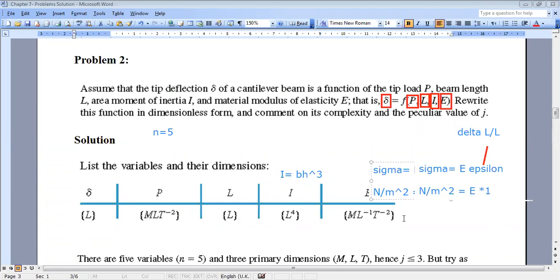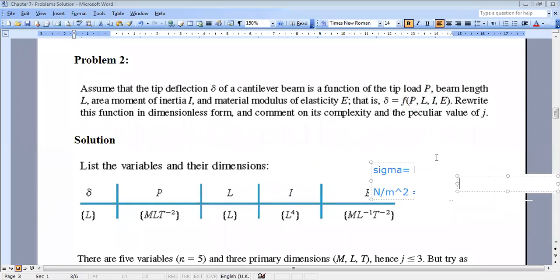So the second step, as we did, is to determine the dimensions of all variables we have. Now the third step is to look at the independent dimensions we have. What are the dimensions that we have here?